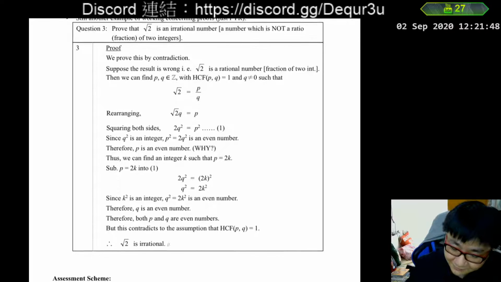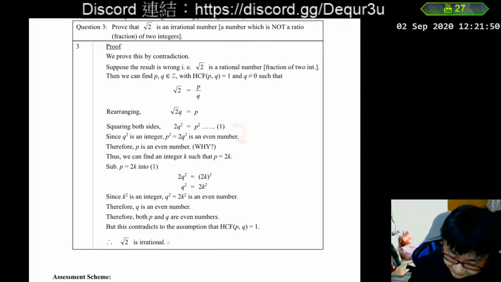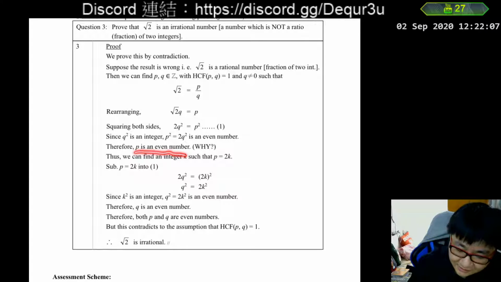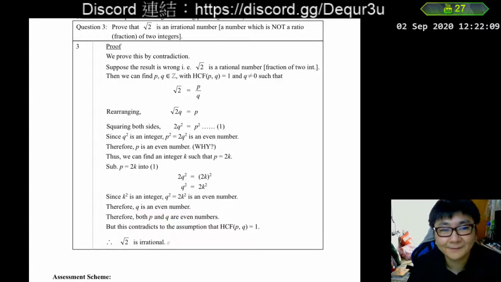Then if we do more manipulation, we find that finally P is an even number and Q is an even number. That means if we can write square root 2 as a fraction of two integers, then both P and Q must be even. However, it is impossible, because if you can write it as a fraction, then the fraction can always be simplified.